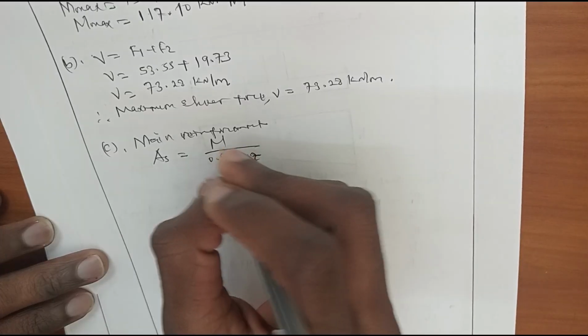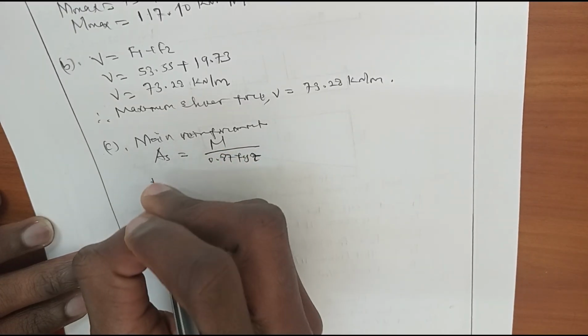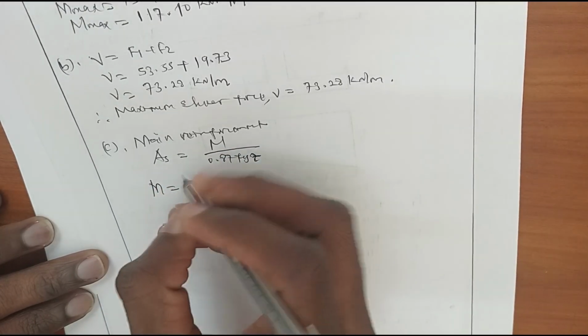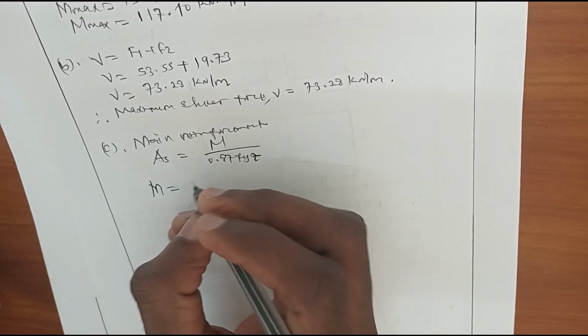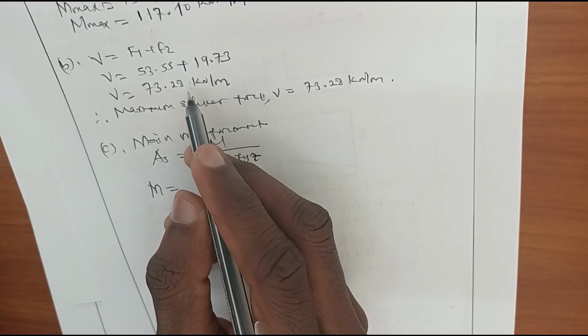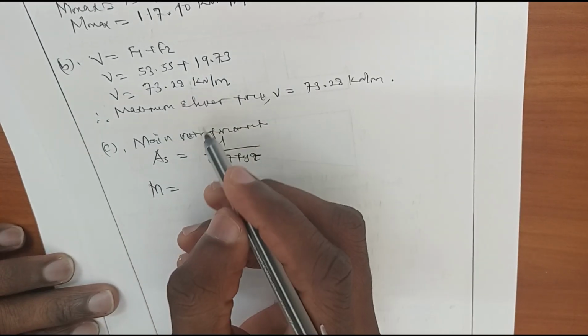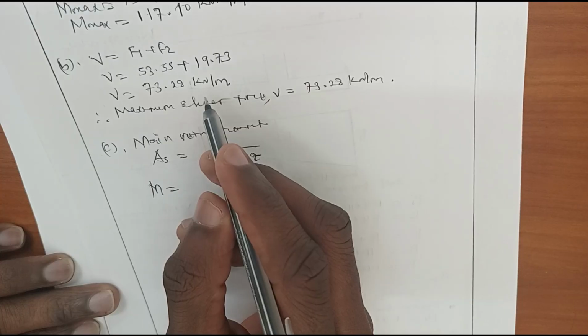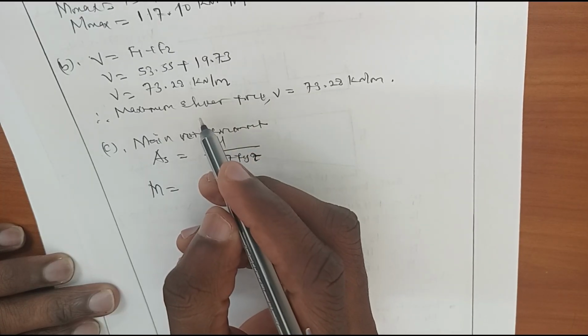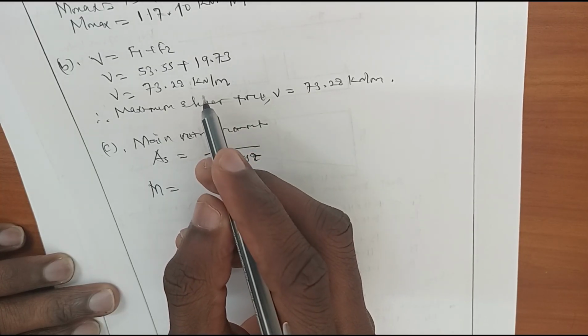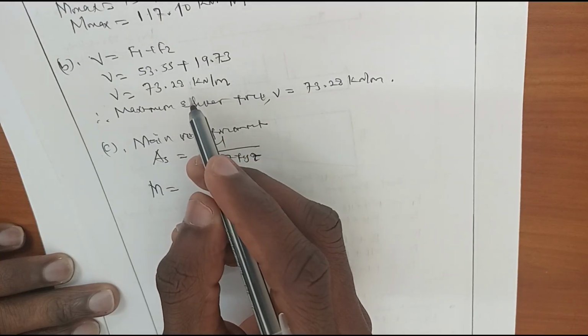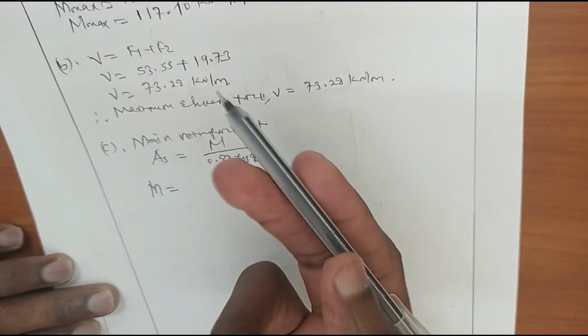But how do we determine this maximum design moment? Maximum design moment is obtained by taking the maximum bending moment of the stem wall times the factor of safety, which is the factor of safety of the dead load due to the self weight of the structure.